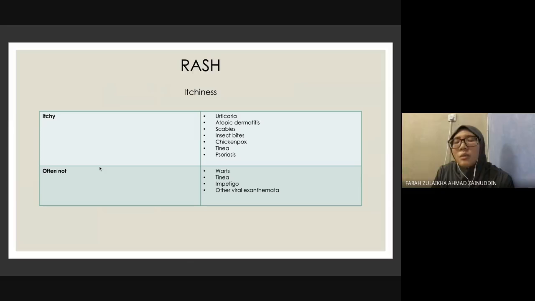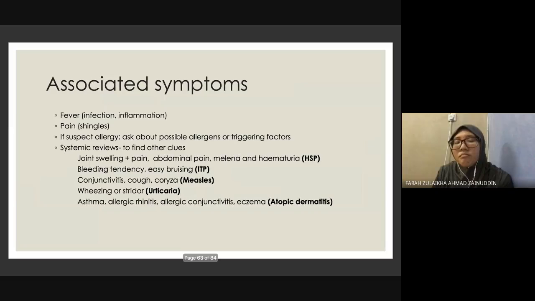Okay, and next, we can also classify rash by whether it is itchy or not. For example, itchy rashes include urticaria, atopic dermatitis, scabies, insect bites, chickenpox, tinea and psoriasis, and often not itchy ones are like warts, tinea, impetigo, and other viral exanthemata.